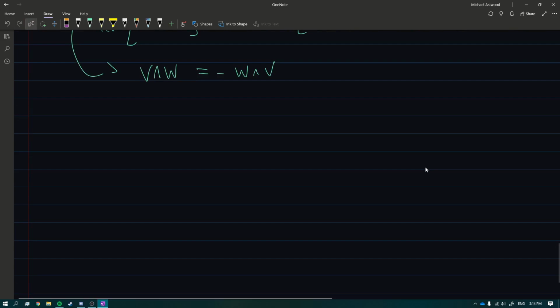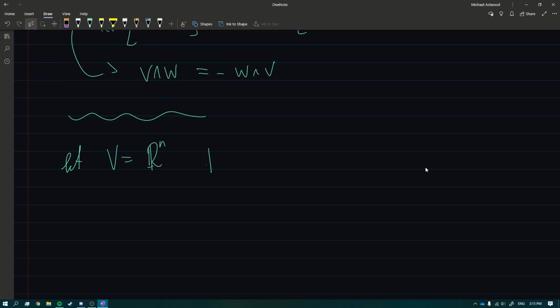Great. So that's all I had to talk about for orientations on vector spaces, except for the fact that there are two unique classes of orientations. I suppose I should do that as well. So let V equal Rn, then the orientation of Rn in a given basis is plus or minus 1, I'm going to say, times x hat wedge y hat wedge dot dot dot in order.